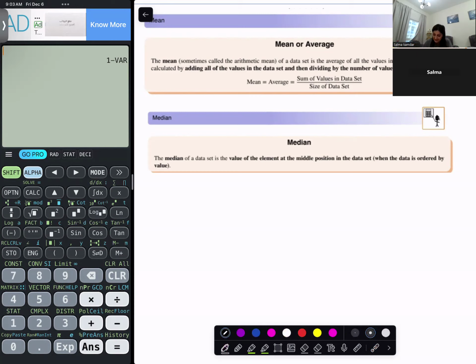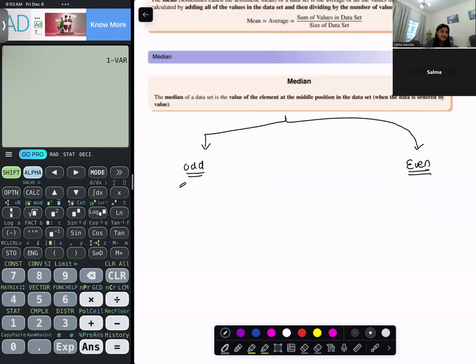Now the size of the data set could be odd, or the size of your data set could be even. If I say the size of my data set is odd, and I have to calculate the median.